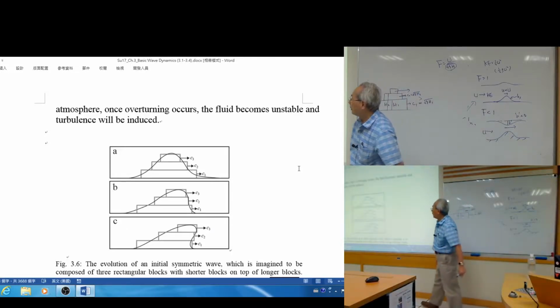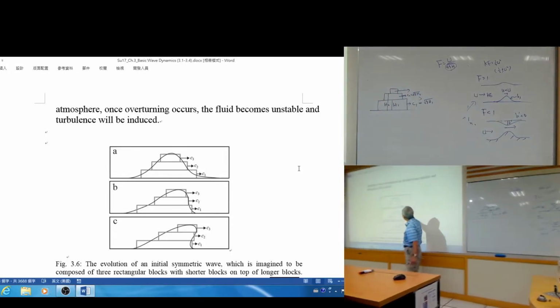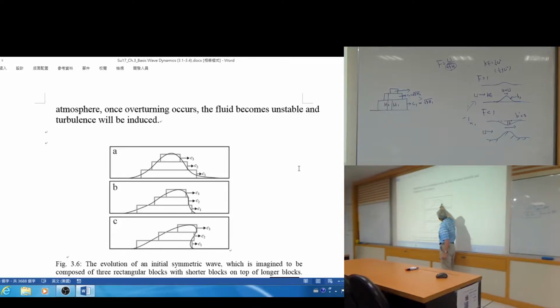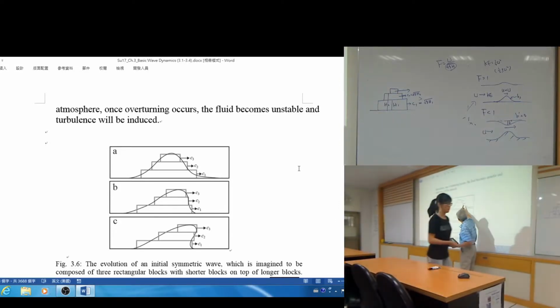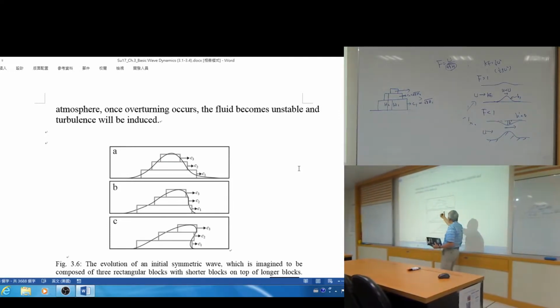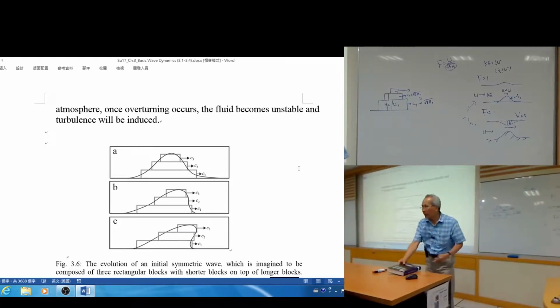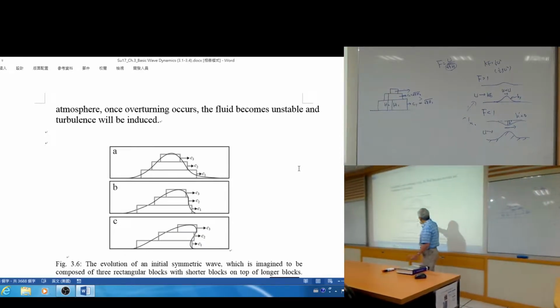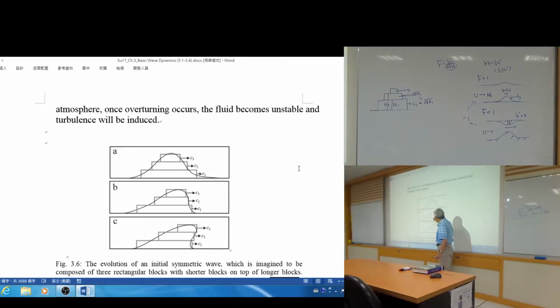So C3 will be larger than C2, and C2 is larger than C1. So C3 will be flowing faster. It's going to gradually catch up with C2, and then C2 is going to catch C1, because C3 is moving faster.